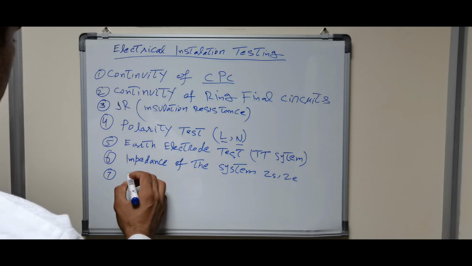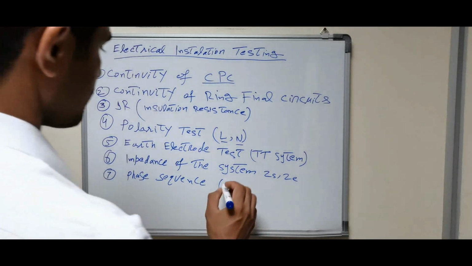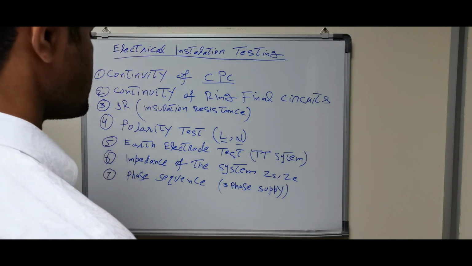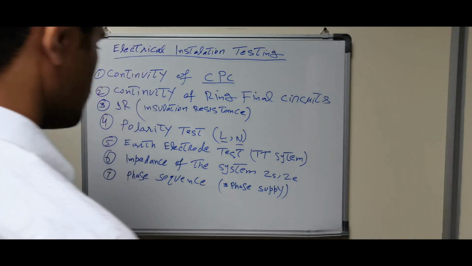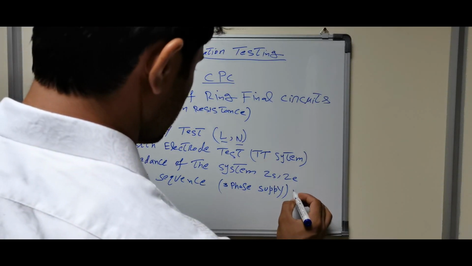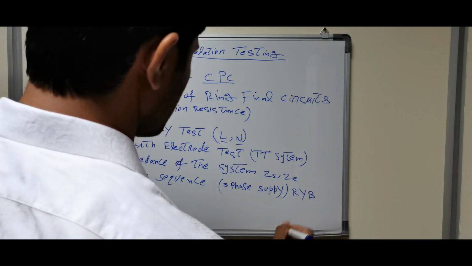Number 7 is phase sequence. Phase sequence test is performed only for three-phase supply system to ensure all three phases are in the sequence of R, Y and B, red, yellow, blue.